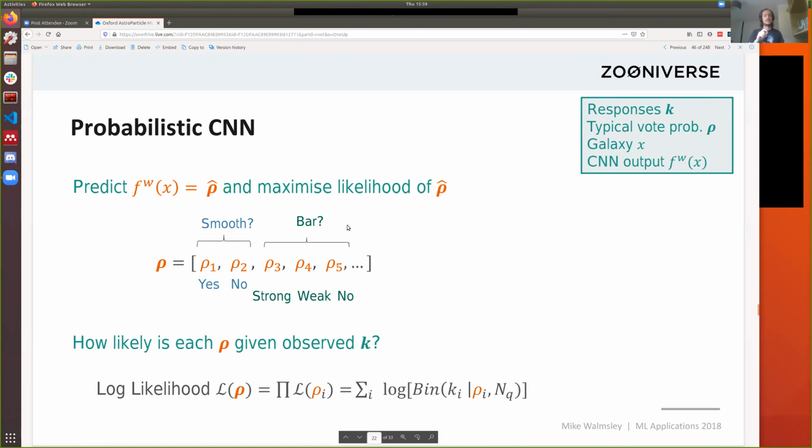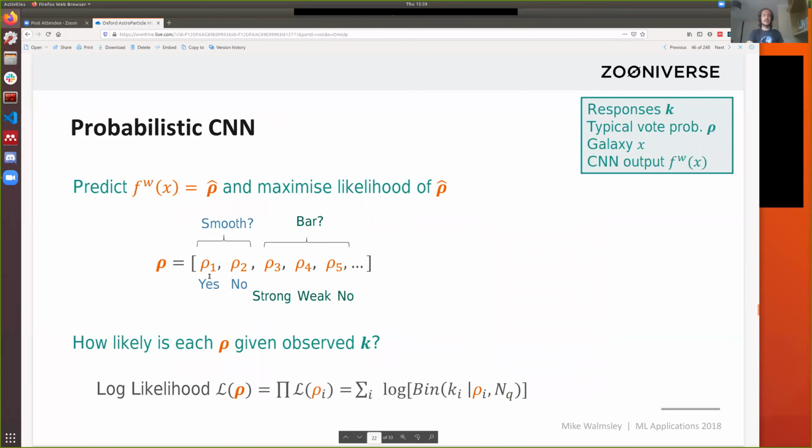But we're going to interpret each element in that vector as the probability of that answer. We know that within questions, the probabilities of all the answers have to add up to 1. So we'll softmax within questions to make sure that the probability that it's, say, smooth yes plus smooth no equals 1, bar strong plus bar weak plus bar no equals 1, etc.